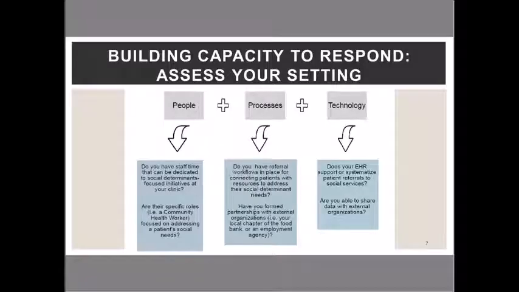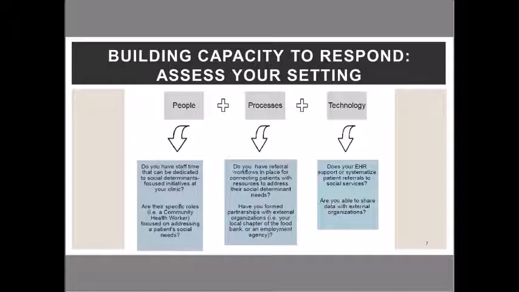So the first thing that you will want to do when thinking about responding to the social determinants of health is assessing your own organizational setting. And we think it's important to look at three key topic areas when assessing your setting: people, processes, and technology. So for the first one, people, it's important to think about if you have staff time that can be dedicated to social determinants at your organization, whether it's a clinic or a community-based organization.